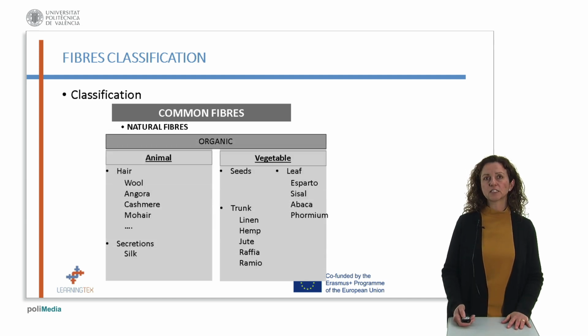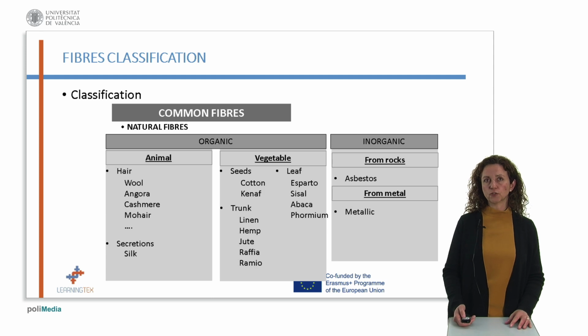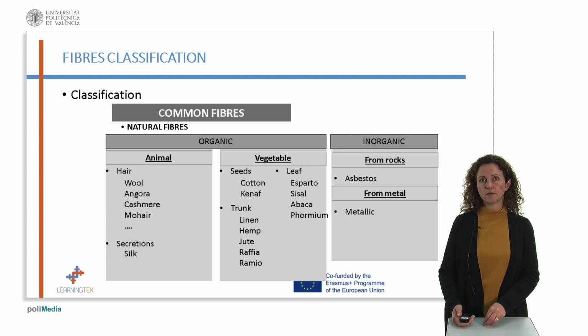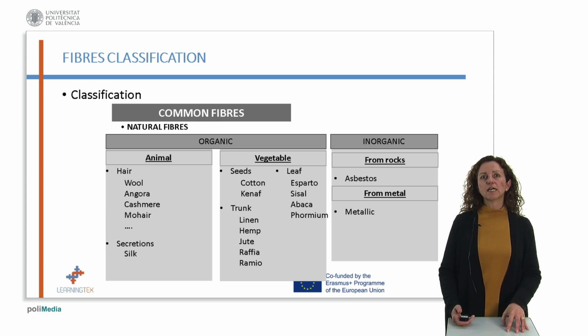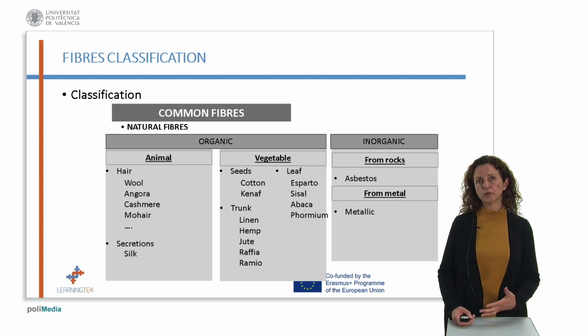Inside natural fibers, we've got two sub-classifications, organic fibers and inorganic fibers. The group of organic fibers would define if they are animal or vegetable ones, okay? Because both of them are natural, but they come from animals or from vegetables.